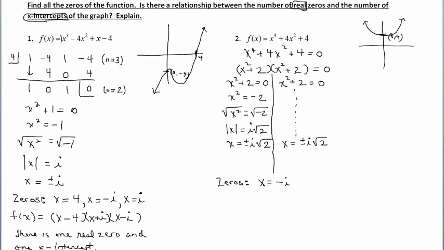So x equals negative i square root of 2. And let's just note to ourselves that this is a double 0. Comma. The other imaginary 0 is positive i square root of 2. And we'll also note that's a double 0 as well. Not real zeros, imaginary zeros.